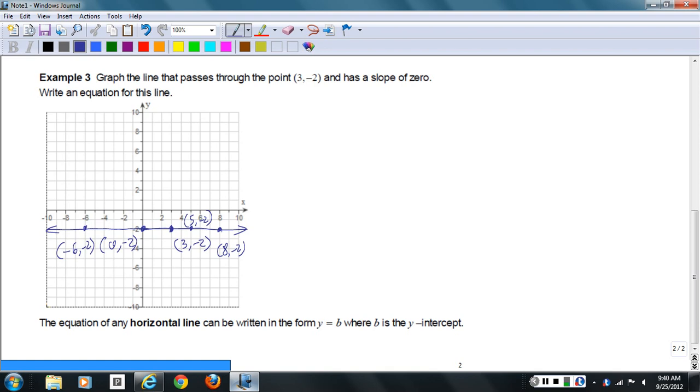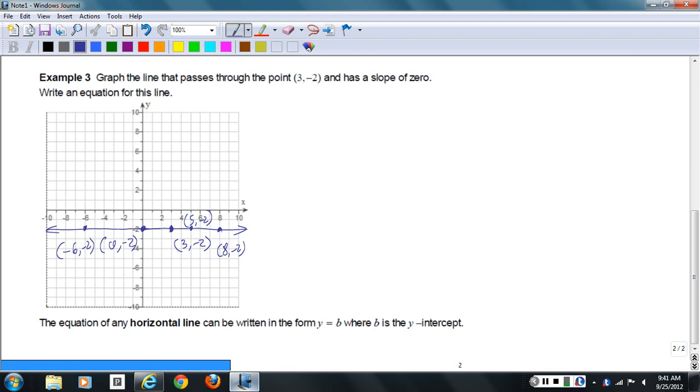So we want to write an equation so that every point on the line has to satisfy the equation. Well, the only thing that really has to be satisfied in order to qualify to be a point on this line is what? What do all these points have in common? y equals -2.